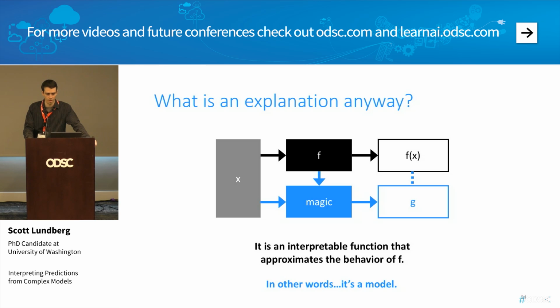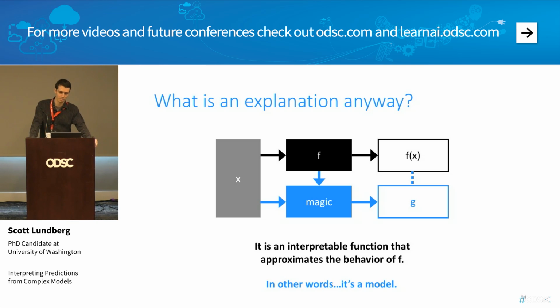One result of this is that if you have a simple model, it can be its own explanation. So if f is just a linear model, and you're really good at understanding linear models, then G can just be f. But when f is more complex, then G needs to be simpler, because G is a model that, as humans, we can understand.